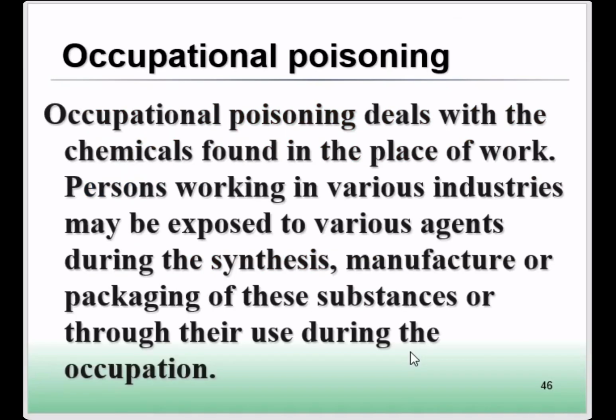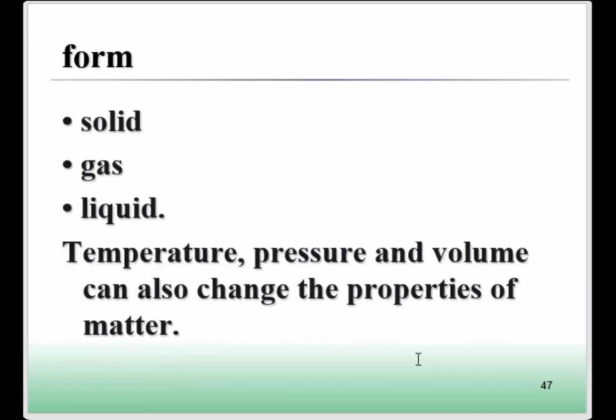Occupational poisoning deals with the chemicals found in the place of work, and individual workers or persons working in various industries may be exposed to various agents during the synthesis, manufacturing, or packaging of substances, or through their use during occupation. That's occupational poisons.